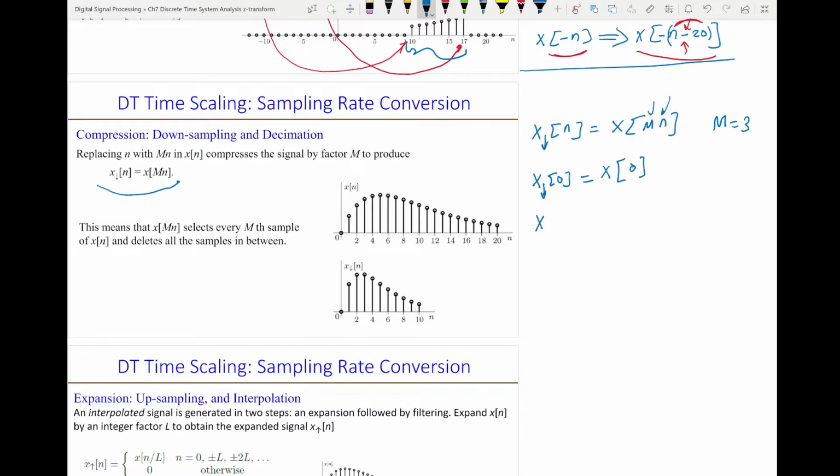Now, if I want to know the new signal at n equals 1, 1 times 3 is 3. So it's the third sample of the old signal. And if I want to find the second sample in the new signal, it will be 2 times 3, which is 6 of the old signal. So the second sample in the new signal is the same as the sixth sample in the old signal.